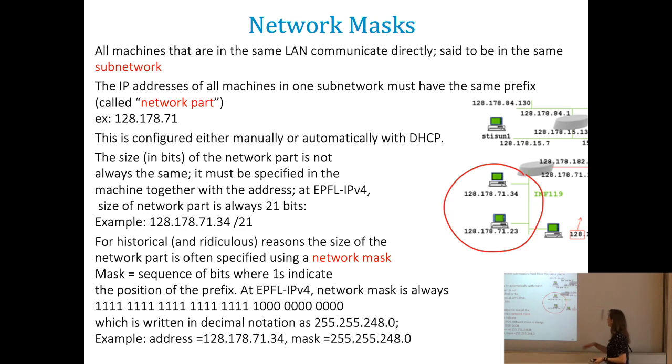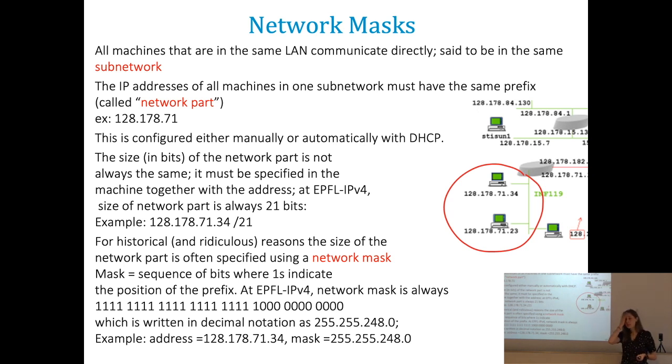For instance, in this part of the network, we can notice that the first three groups of digits are the same. So they correspond to the network mask of this local area network. This is, of course, for the IP address, because the MAC address is the hardware address.